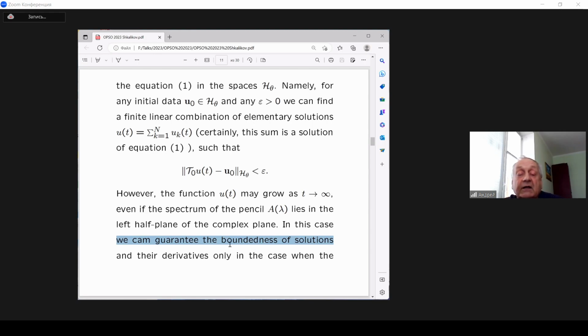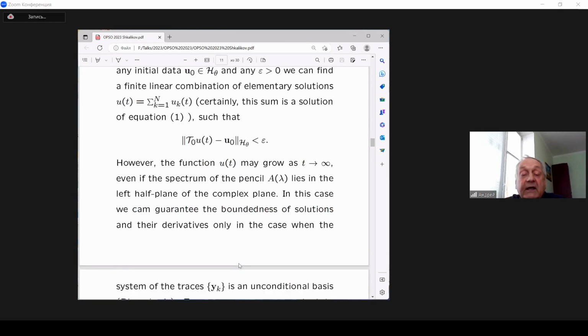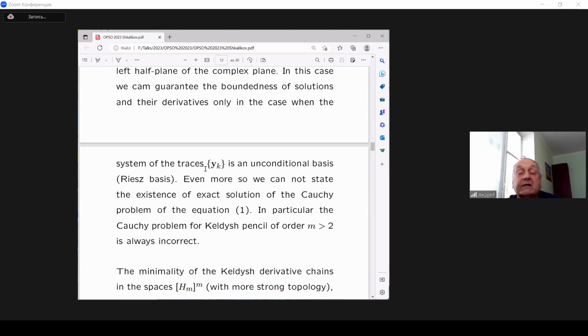We can guarantee this property only in the case when the traces, the Keldysh derivative chains, form an unconditional basis or Riesz basis in the space of traces.